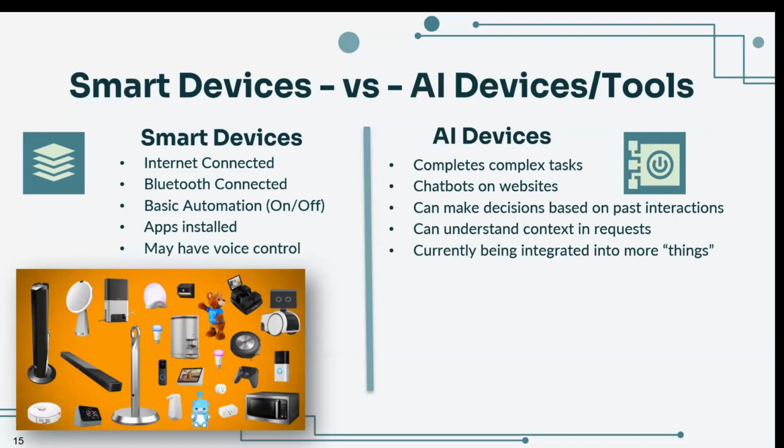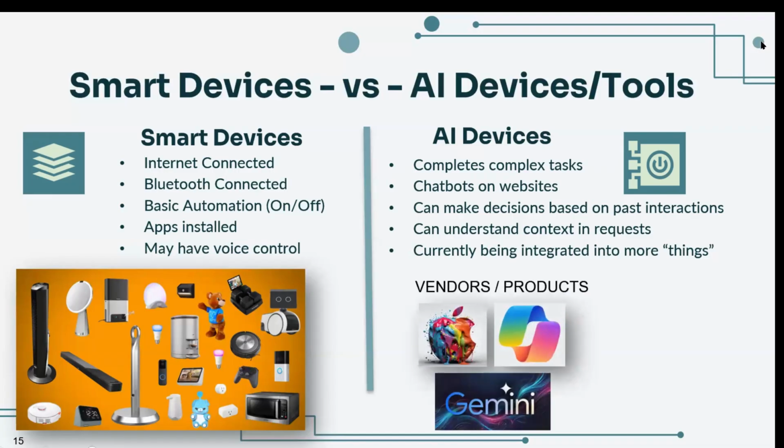They learn, as we talked about. Smart devices don't have the capability to learn. AI devices do. They can understand the context in a request. And that is really, really important. When we get to old school Googling versus new school prompting, context is everything, because non-AI powered tools will not be able to provide you context. AI will. And then AI is being integrated into more things. And I should say, quote unquote, everything.